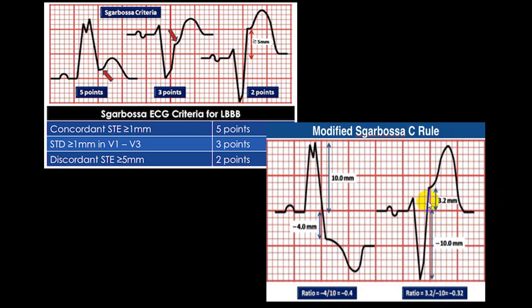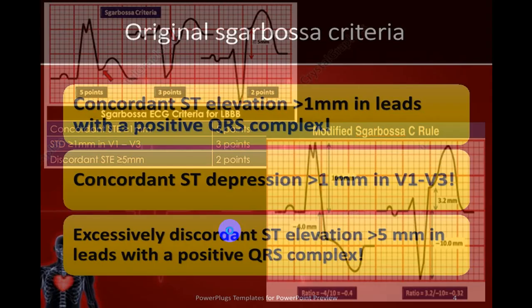So if you come across an ST elevation, say this ST elevation is 3.2 and this S wave amplitude is 10, so the ratio is 0.32. If it is less, it is in favor of the modified Sgarbossa criteria.